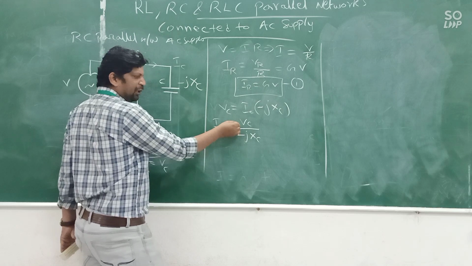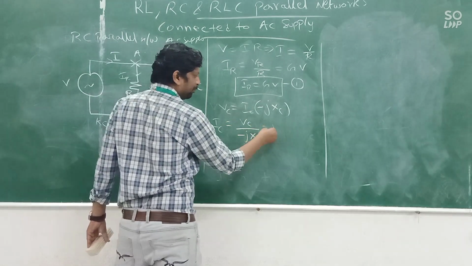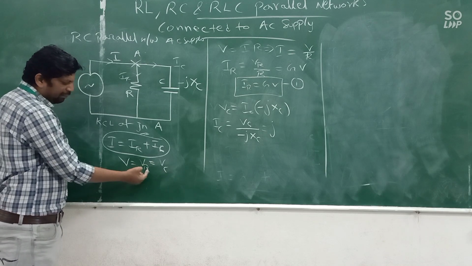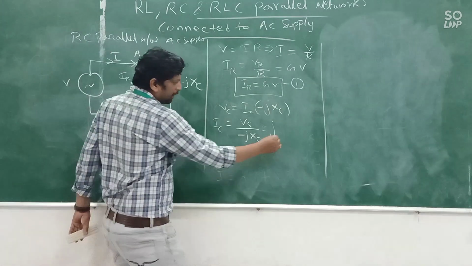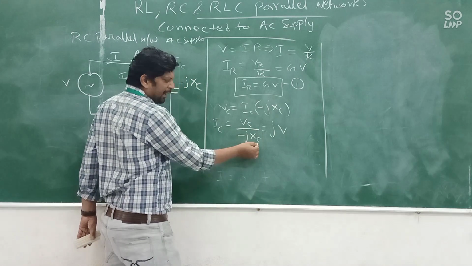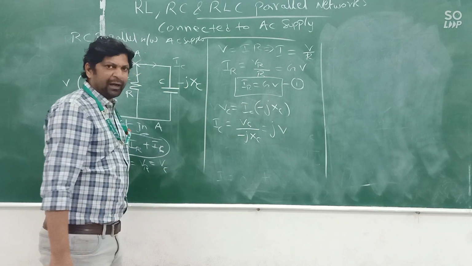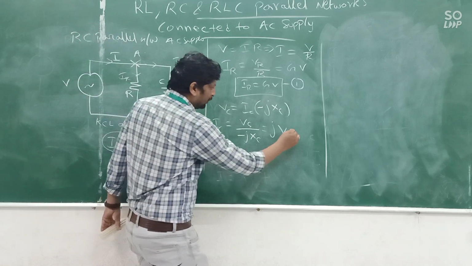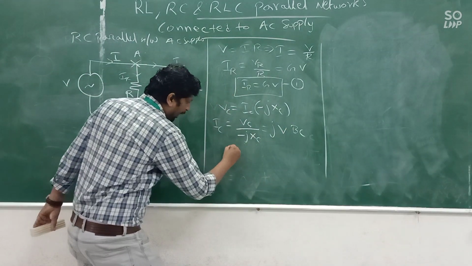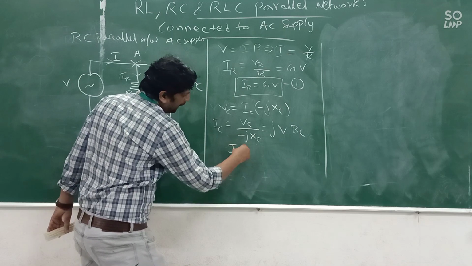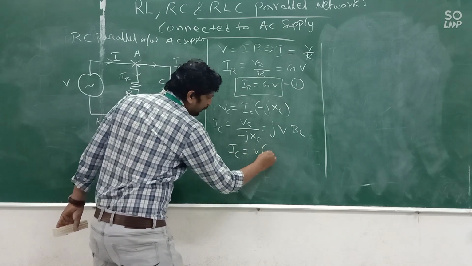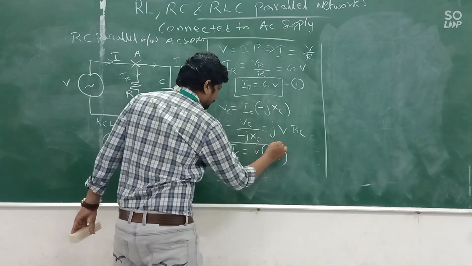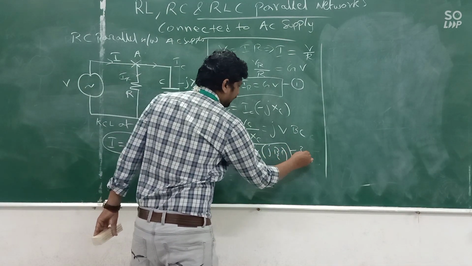If minus J is shifted to the numerator, it will be plus J. In parallel branches, voltages are equal, VC equal to VR, which is equal to V. So it is V into 1 by XC. Reciprocal of capacitive reactance is capacitive susceptance, that is BC. So IC is equal to V into JBC. This is our second equation.